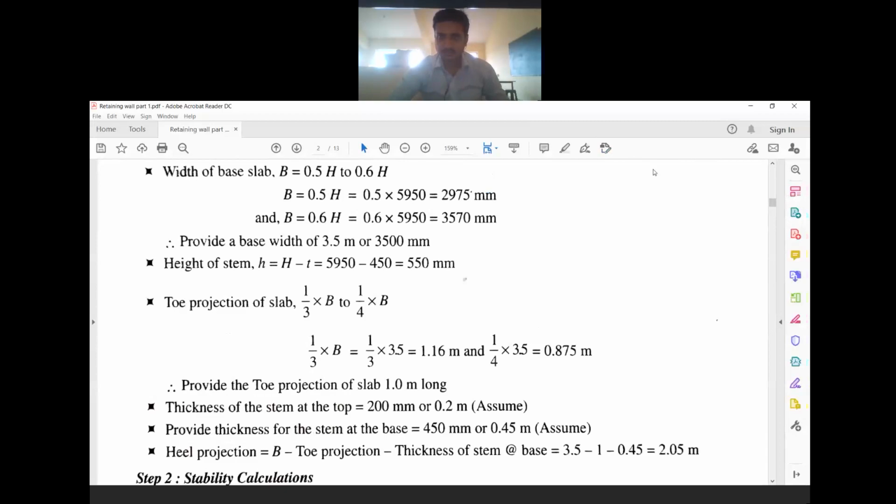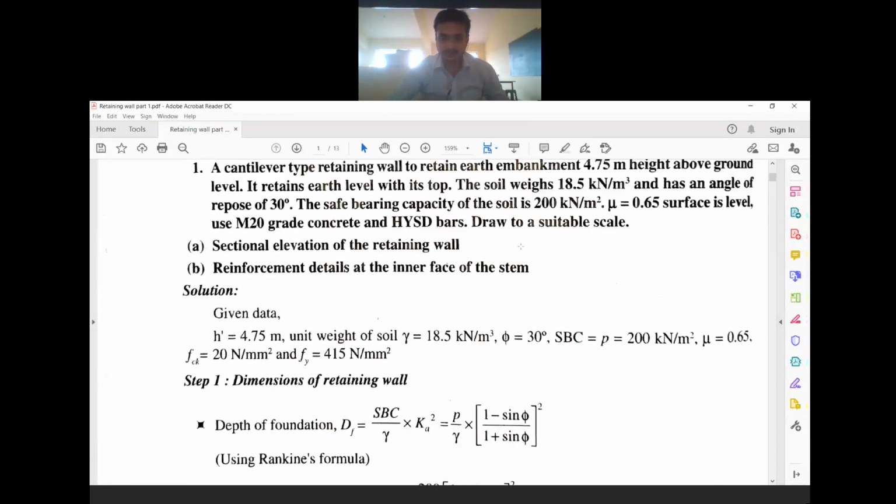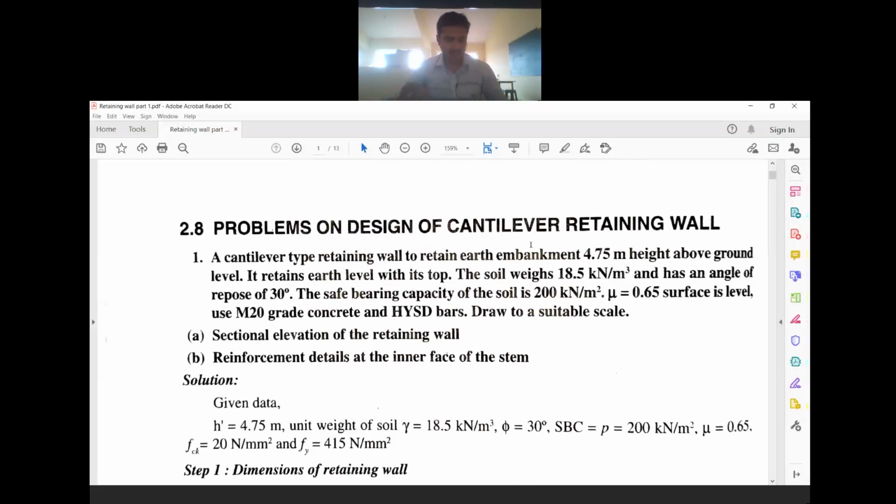See, at the beginning of the subject, that means in the first session itself, I had discussed the types of retaining walls and why they are being used in the introduction class itself. So today we shall directly look into the problems on the design of cantilever retaining walls.